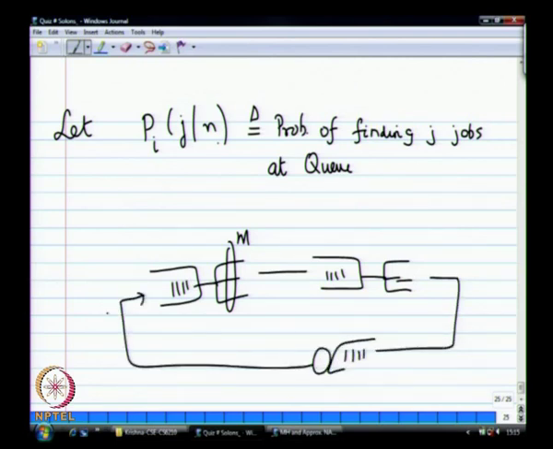So you might have a system like this. So there are m such servers. This is a collection of M/M/m queues, and so on.